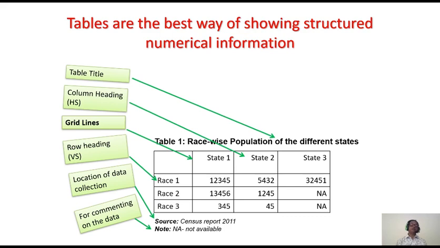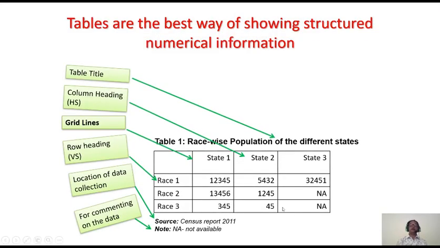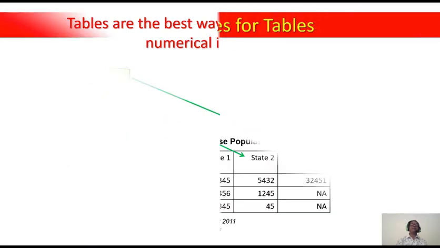Both source and note are generally written in italics so that they can be differentiated from the text that might appear below the table. So this is about tables, the row headings, column headings, all these things. We will refer to these often, and we need to develop or draw the table with all these accessories.